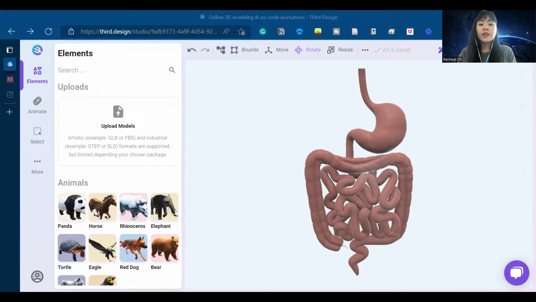And we know that in the stomach, there are acids and enzymes whose function is to digest food and enhance the digestion of food. Inside the stomach, there are also ridges of muscle tissue known as the rugae.